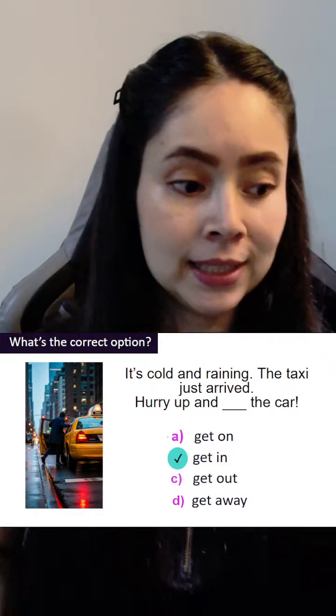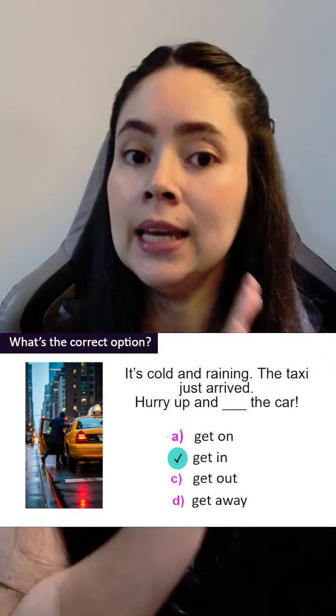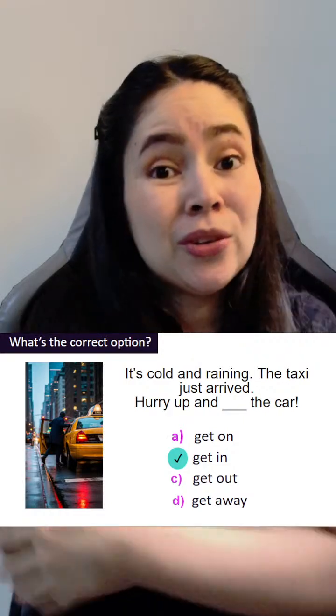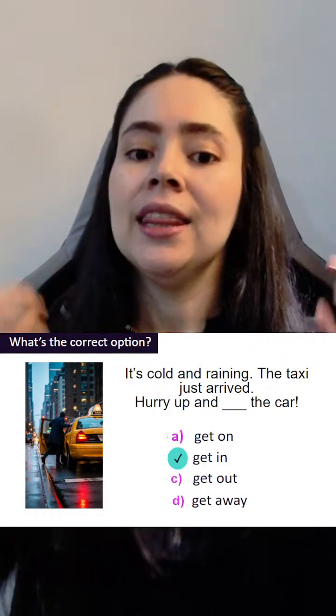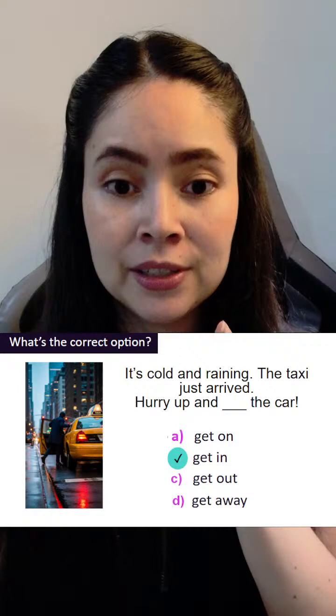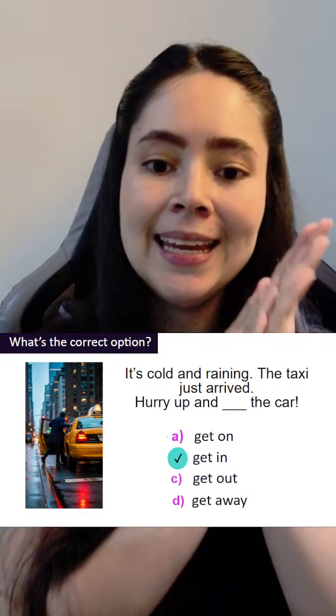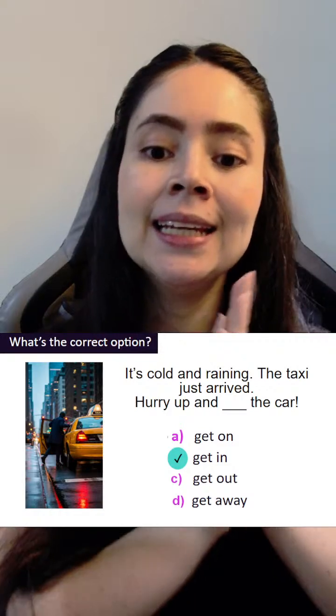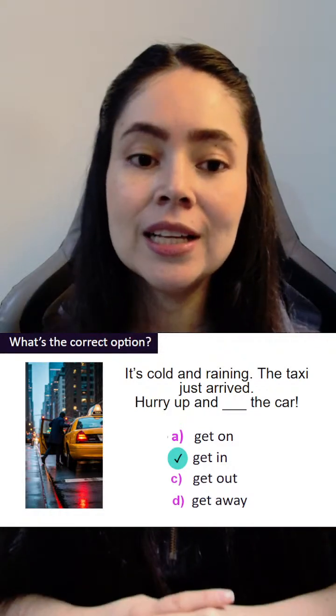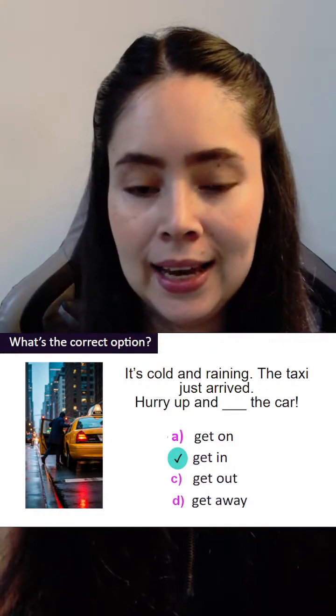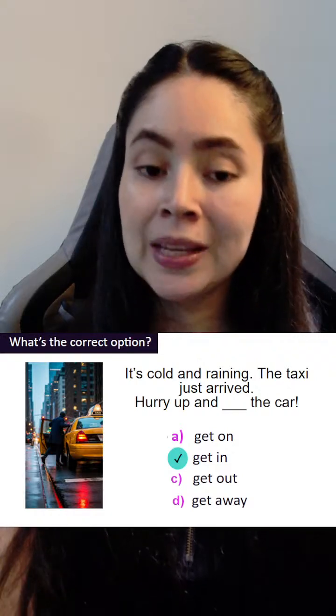For example, it says, it is cold and raining. The taxi just arrived. Hurry up! Get in the car. So this is the correct option.